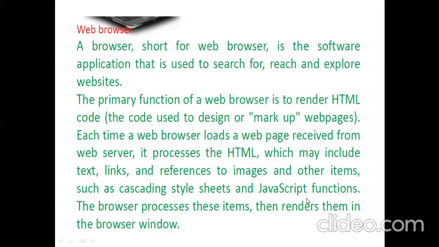Again repeating, we have two definitions. First is a very general definition: a web browser is a software application which is used to access or explore the world of WWW.